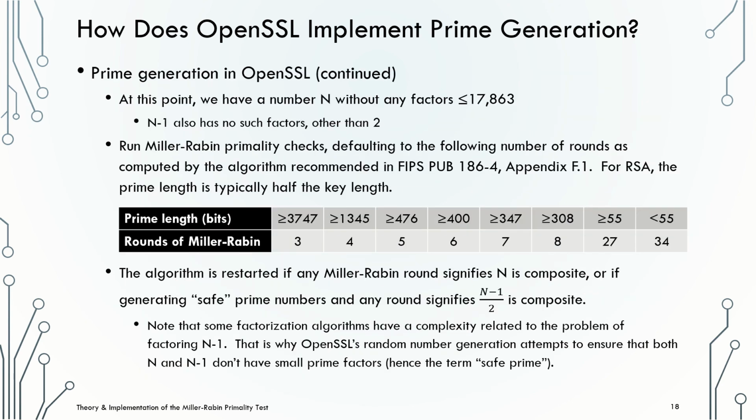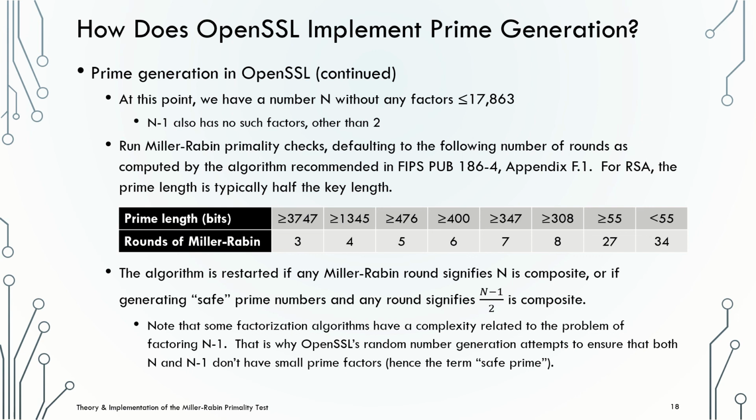So once that loop completes, we have a number where n is not divisible by anything less than or equal to 17,863, and n-1 also has no such factors other than 2. So at this point, all we do is we run a number of Miller-Rabin primality checks, and we choose the number of rounds based on the number of bits in the random number we are generating.